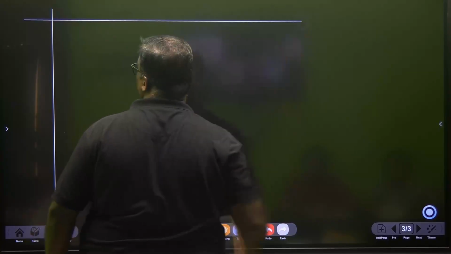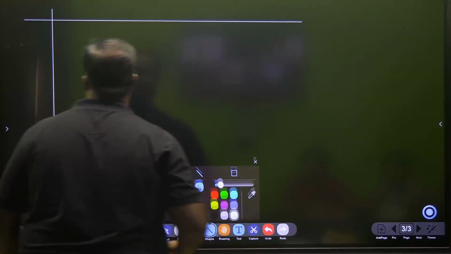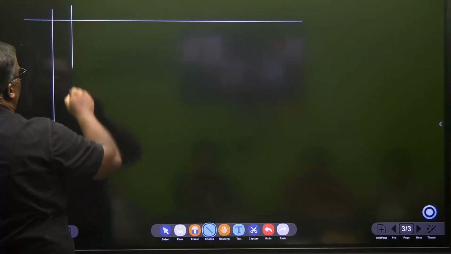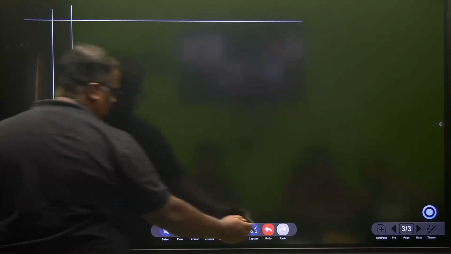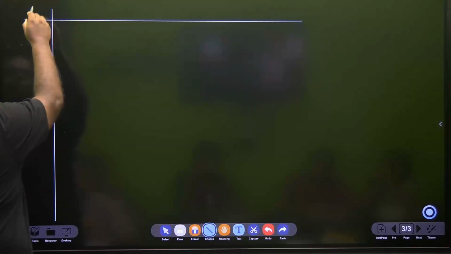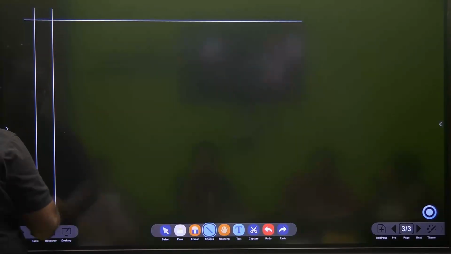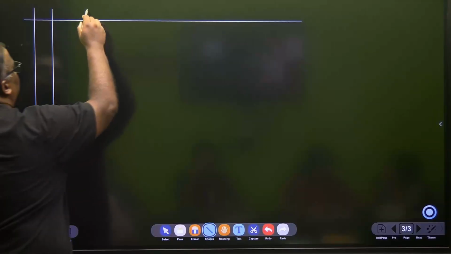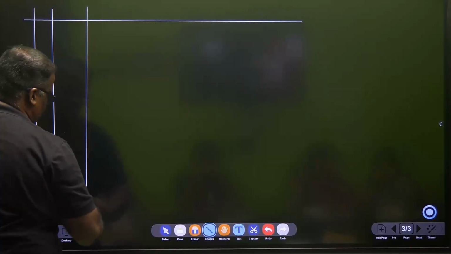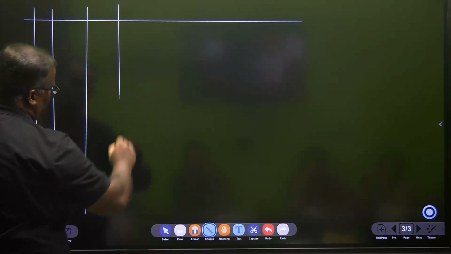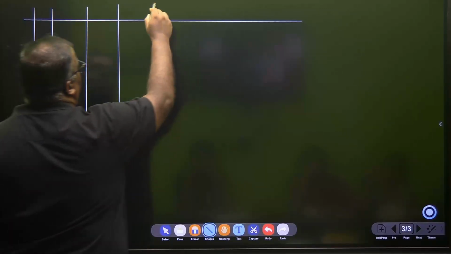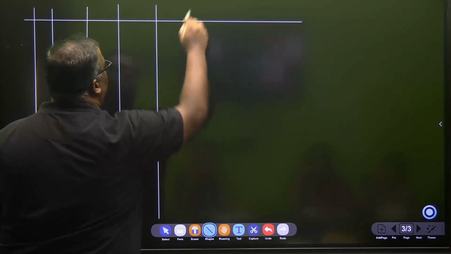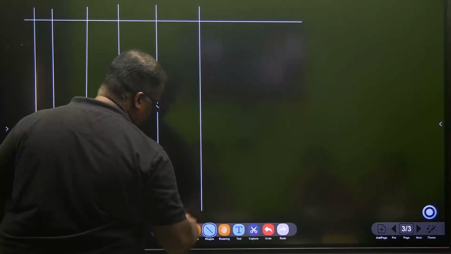Just make space. Once you understand this, your life will become easy.